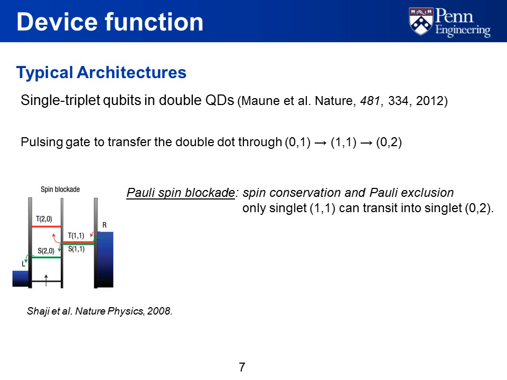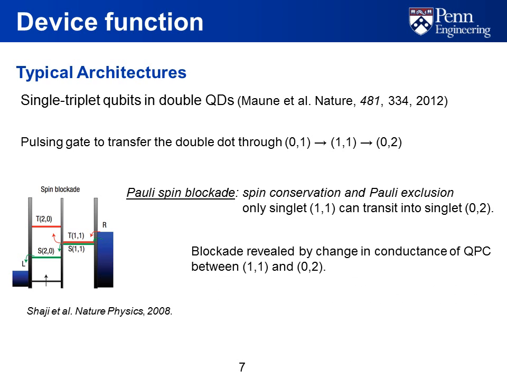This phenomenon is called Pauli spin blockade, and it is revealed by the change in conductance of the quantum point contact between (1,1) and (0,2).